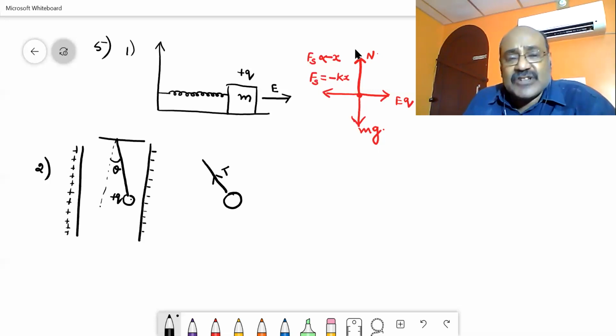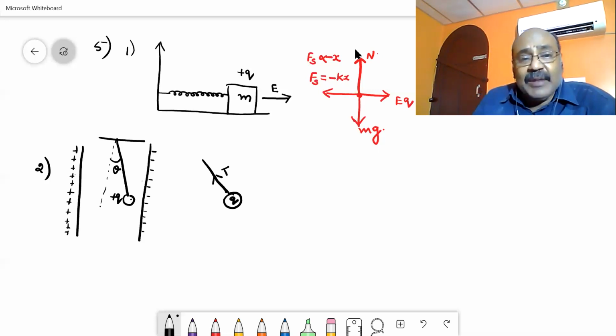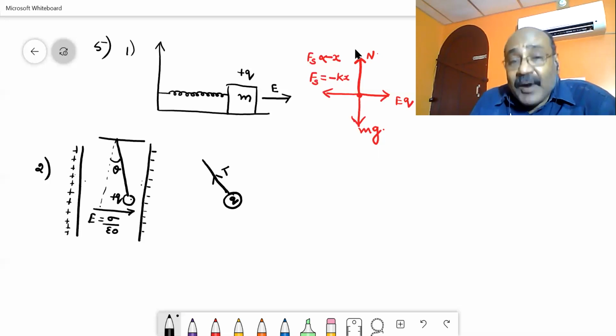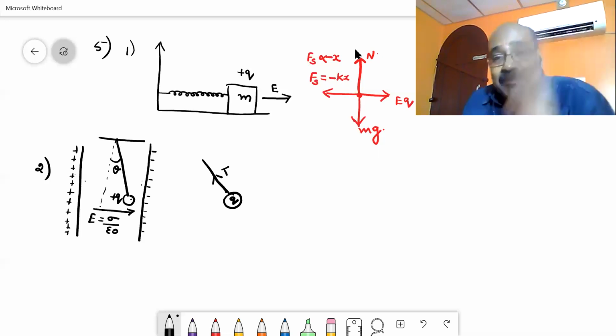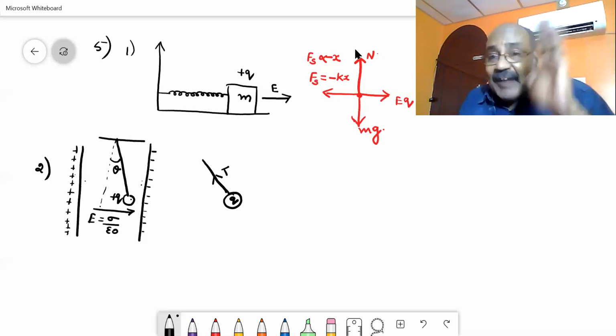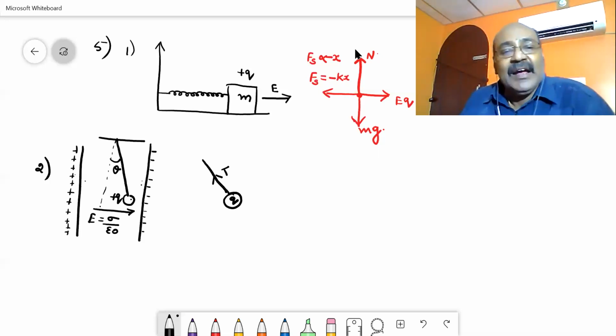Then on this charge Q, the electrical field in between the two plates is sigma by epsilon 0, acting from positive charge to negative charge. Acting on the positive charge, it will develop a force in the same direction as the electrical field.